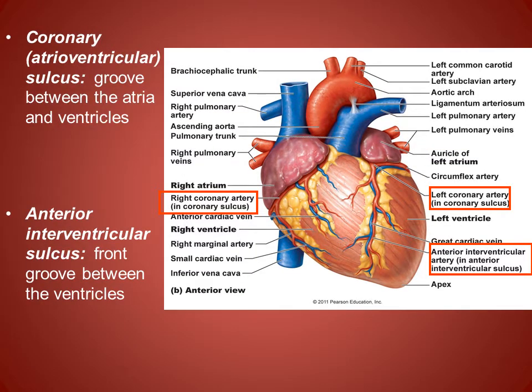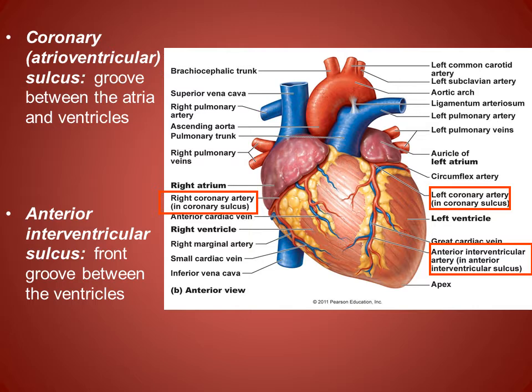There are different grooves or indentations. You have the coronary sulcus. This is a groove that basically surrounds the heart between the atria and the ventricles. In this coronary sulcus is where you're going to have your coronary arteries located, the left coronary artery and the right coronary artery.